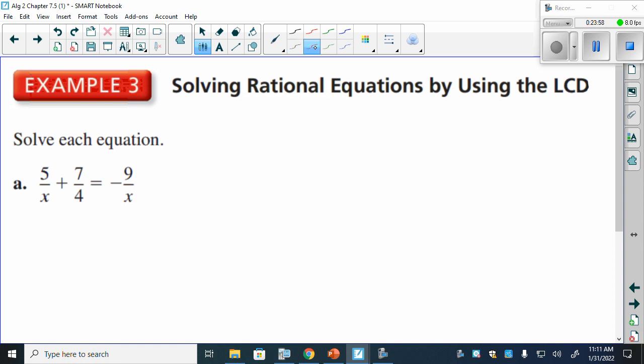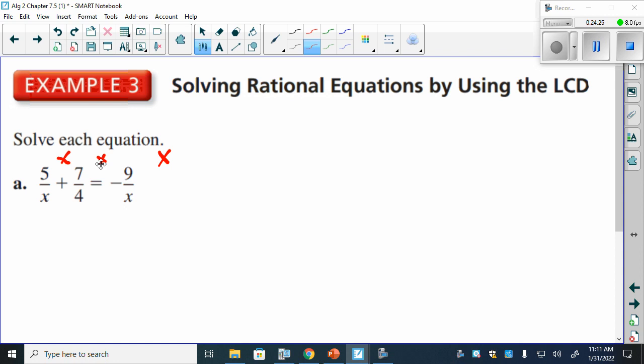So what we want to do is multiply each of these terms by a certain expression so that the denominators simplify. The negative 9 over x, we would need to multiply by x. And the 5 over x would also need to be multiplied by x. But what we do to one side, we have to do to the other, so we multiply everything by x.